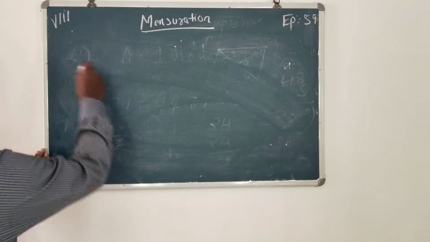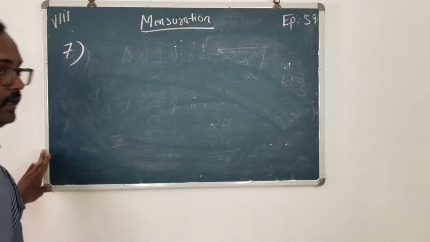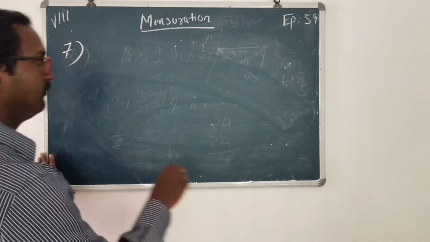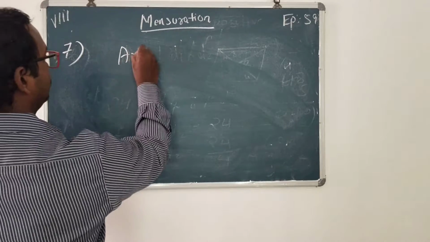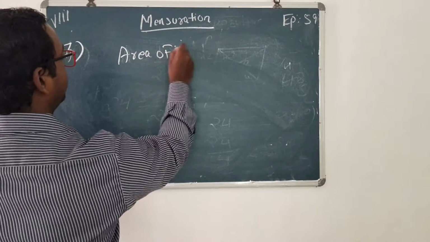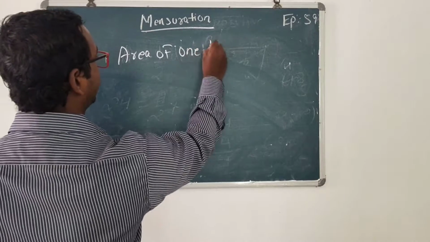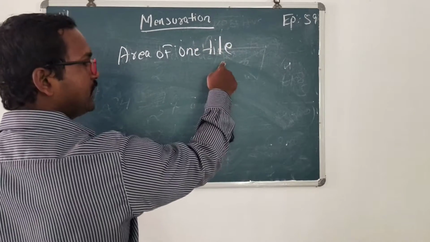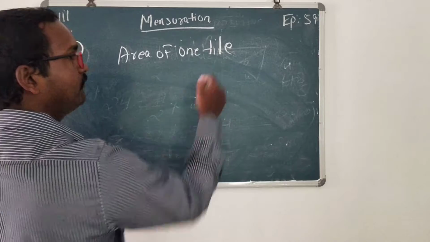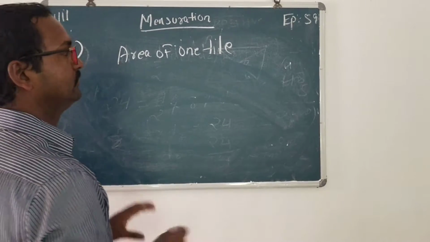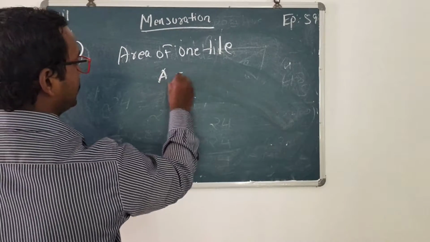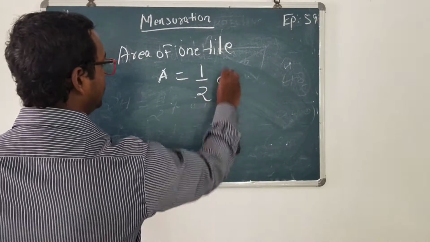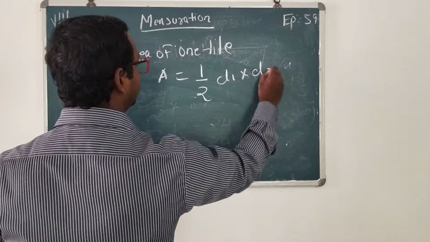Let us find the area of one tile or area of one rhombus. So area of one tile, a tile which is in the shape of a rhombus. So we will apply the rhombus area formula. Okay, so half d1 into d2.